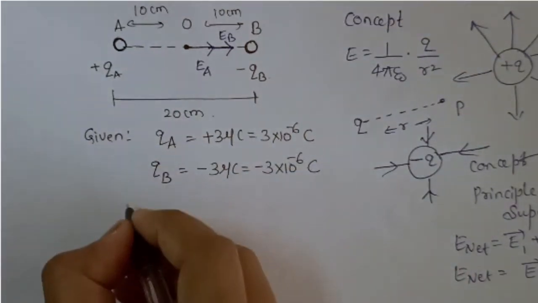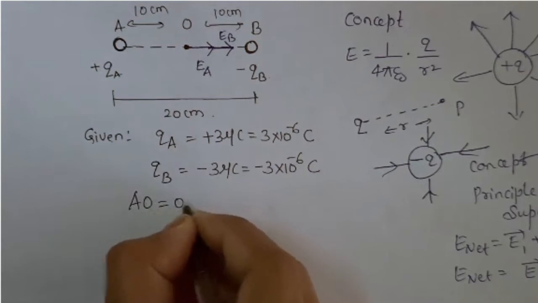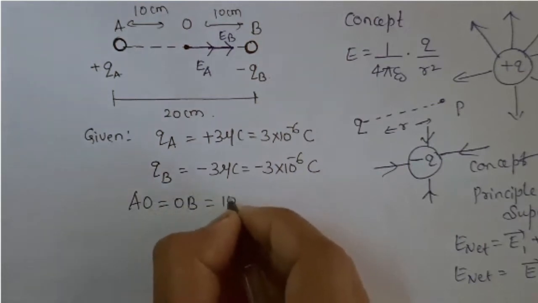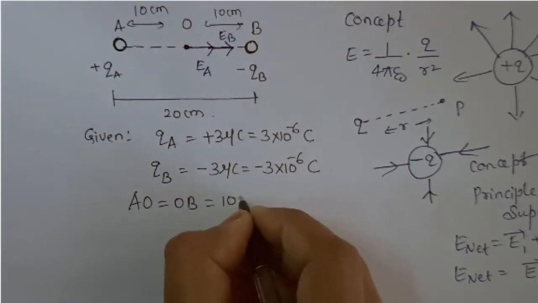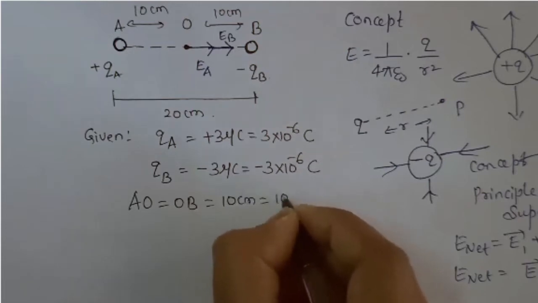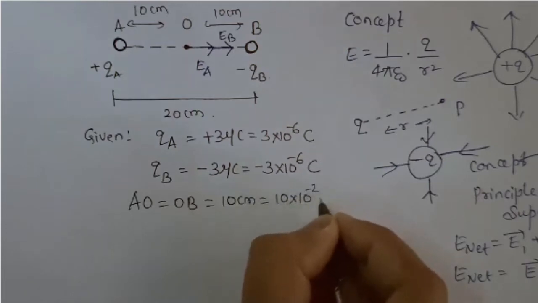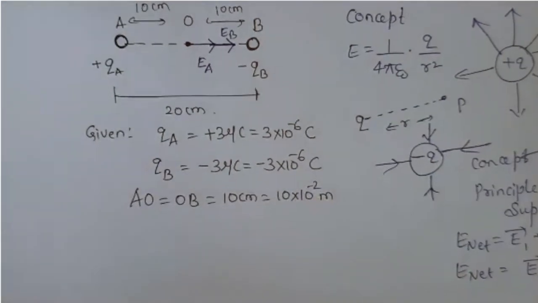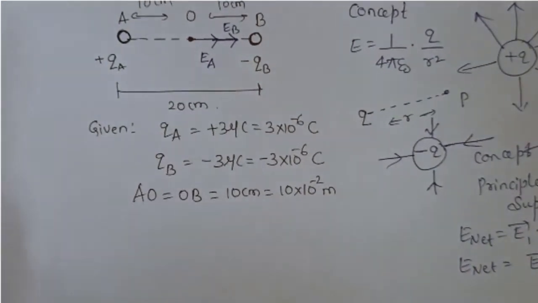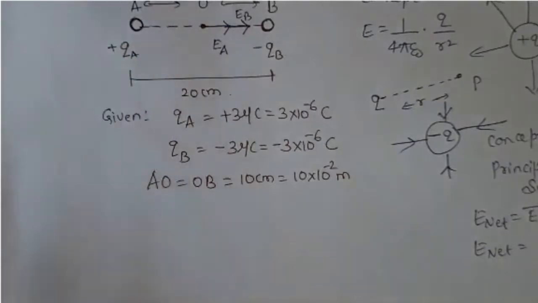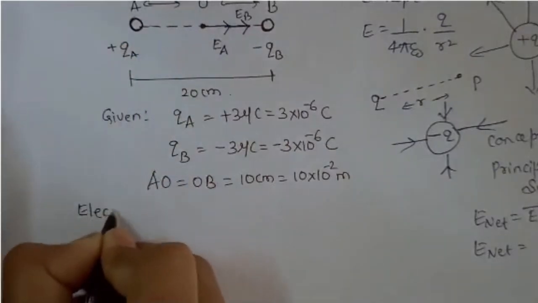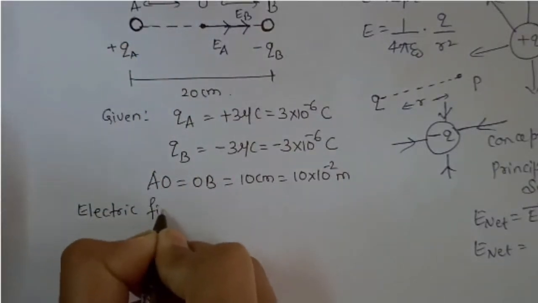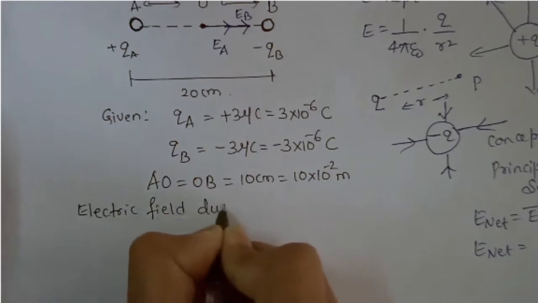Okay, and what is AO? AO, OB is 10 centimeter it is. So I'll have to take it in meters. So centimeter is 10 raised to minus 2 meter. So that's it. Now are we able to find electric field due to QA? First we will find electric field due to which charge?